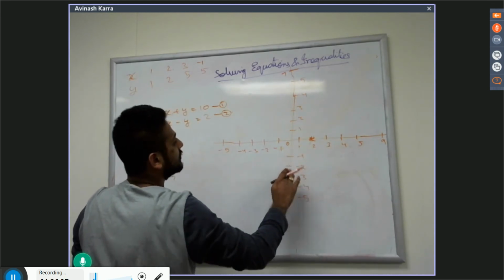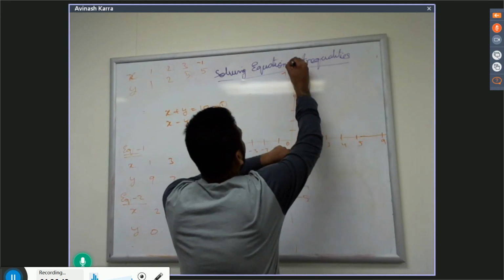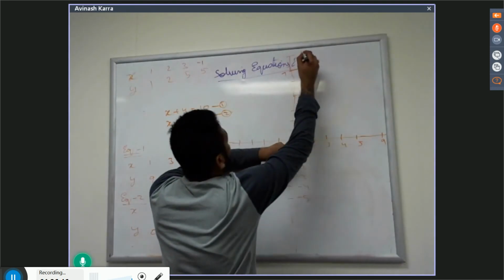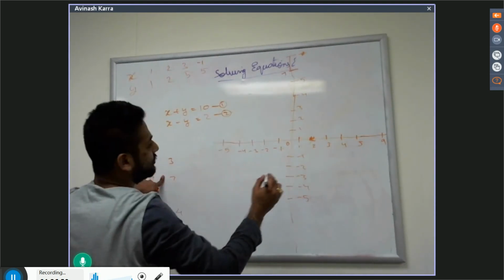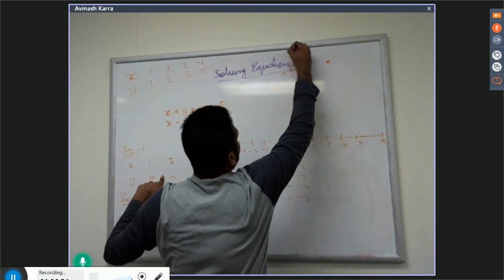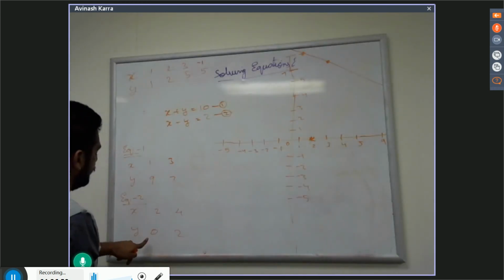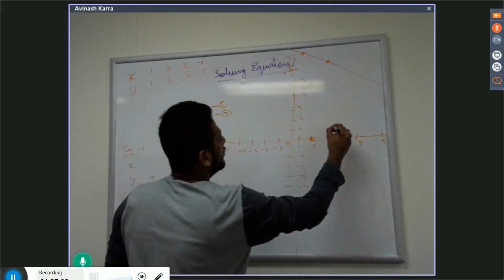Thank you. When x equal to 1, somewhere 9 might be here. This will be the point. When x equal to 3, somewhere 7. This will be the point. And the line goes this way. Okay? When x equal to 2, it is 0. When x equal to 4, it is 2.